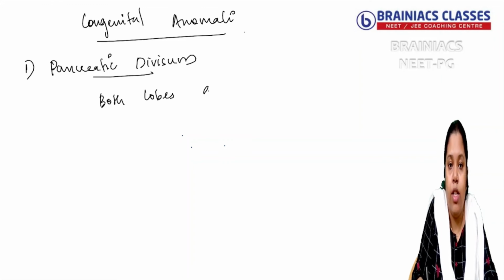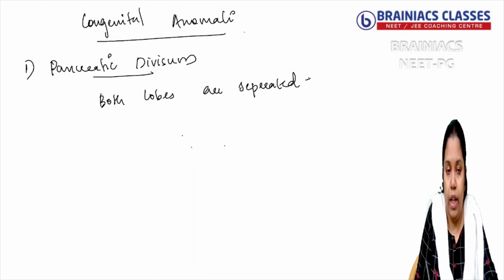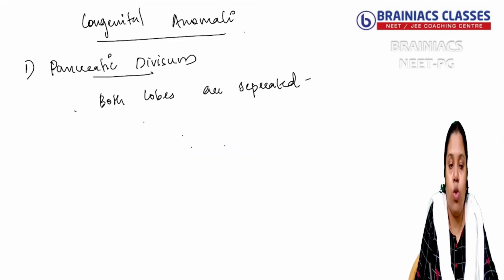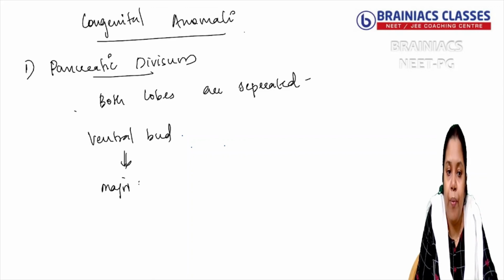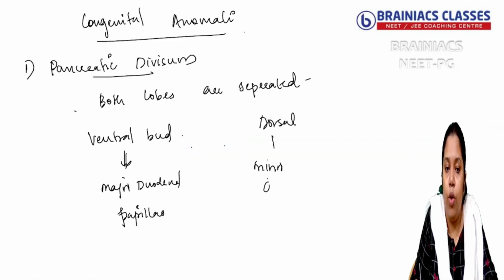This is the most common congenital anomaly of the pancreas. So what can you see? The ventral bud drains into the major duodenal papilla, and the dorsal bud drains into the minor duodenal papilla.